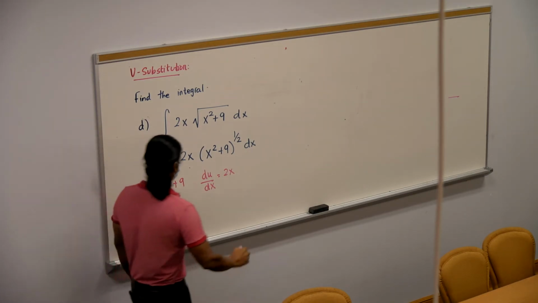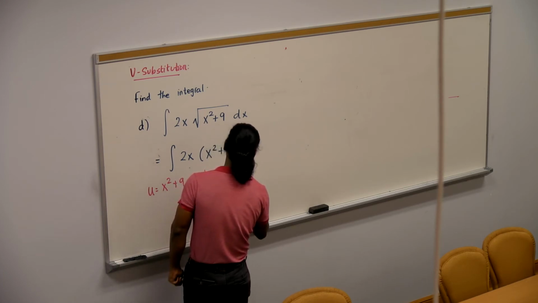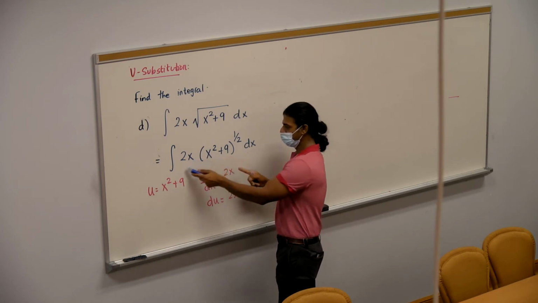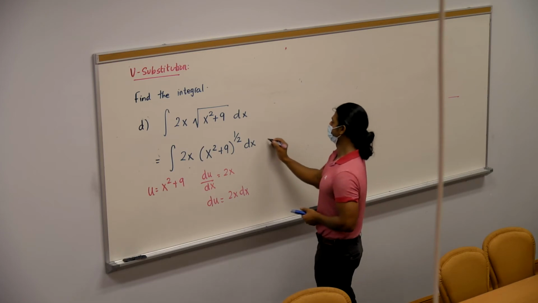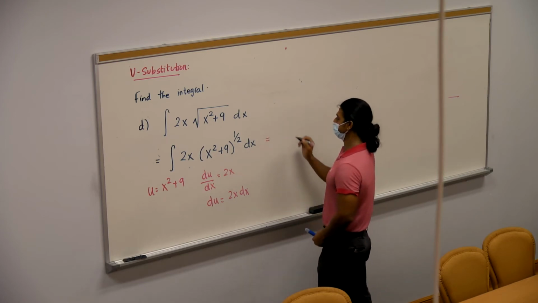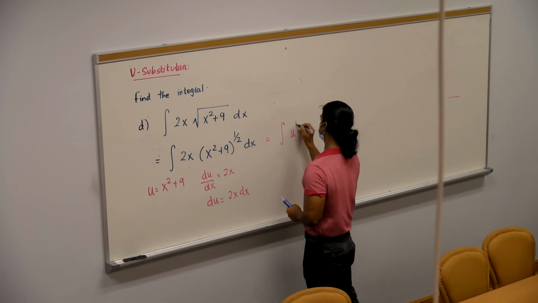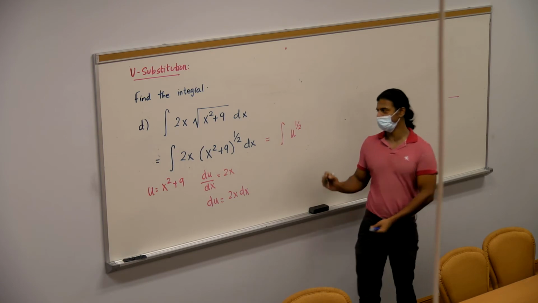So du would be equal to 2x dx. So if I set that to be u, I get the remaining part of the integral. So I could rewrite the integral as u raised 1/2. The remaining part of the integral is simply du.